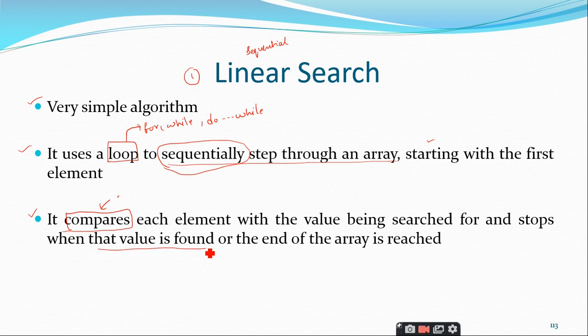The search operation will stop in two cases. Either you might have found the element in the given list of elements, or you have reached the end of the array. When you find the element, you will print the message that the element is found successfully. When you reach the end of the array without finding the element, it is an unsuccessful search, and you will print a message that the element is not found.